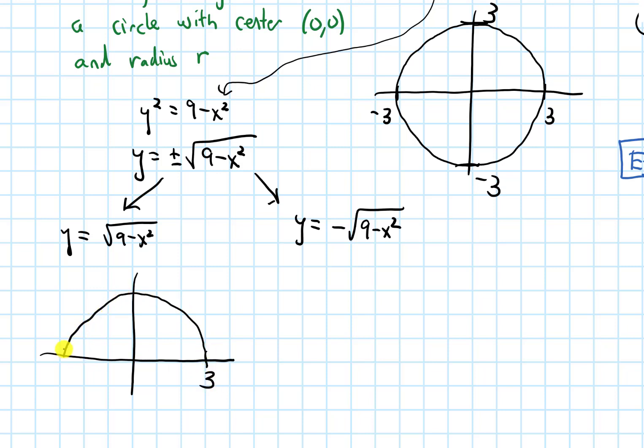So where this is 3, this is negative 3, and that is 3. So that's that graph. On the flip side, if I had the negative square root, now that the negative's there, these y values are not going to be positive. So this will be the bottom half of the circle.